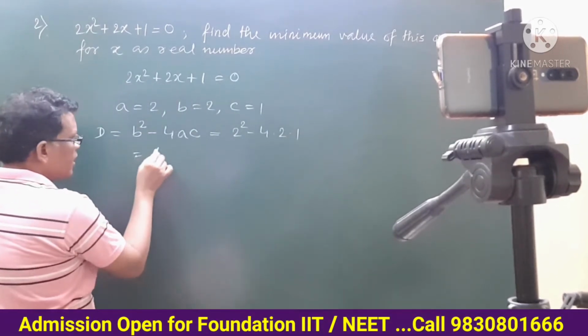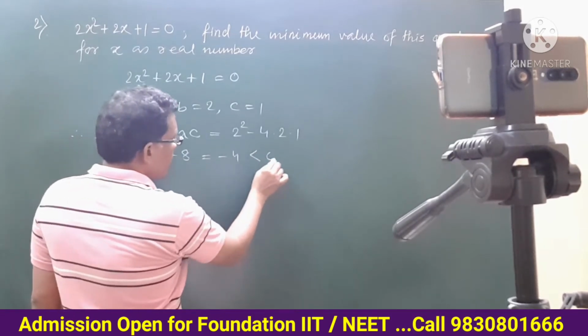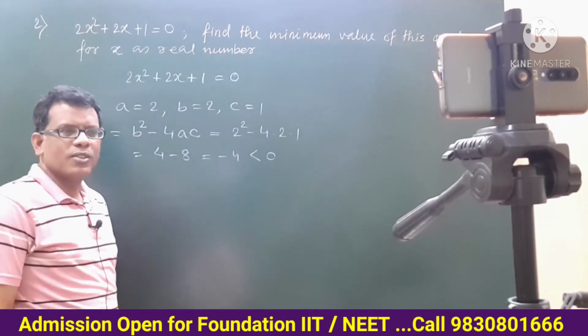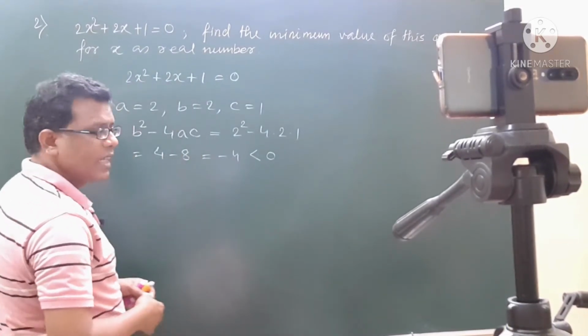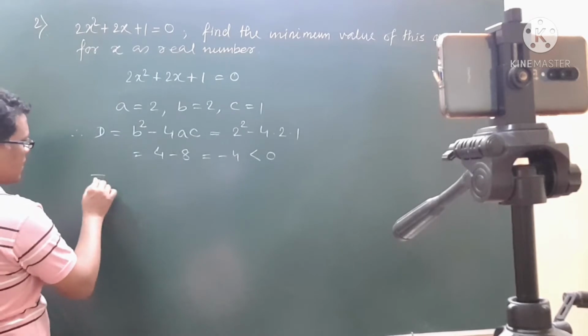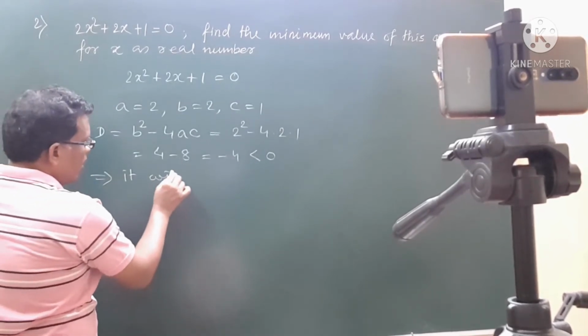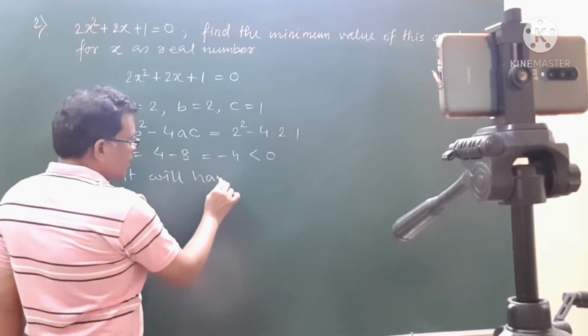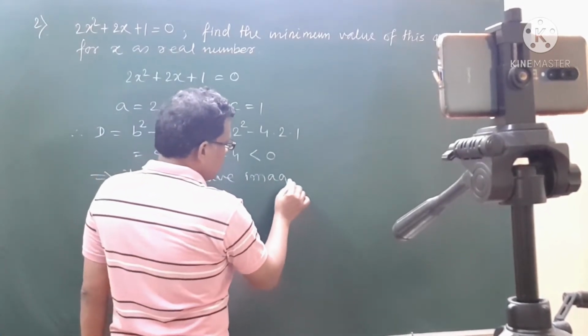So obviously it is 4 minus 8, that is minus 4, which is negative. Since the discriminant is coming negative, this implies that it will have imaginary roots, right? It will have imaginary roots.